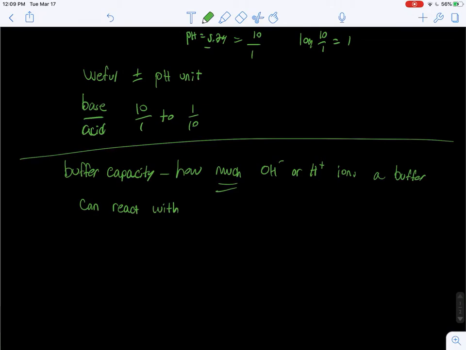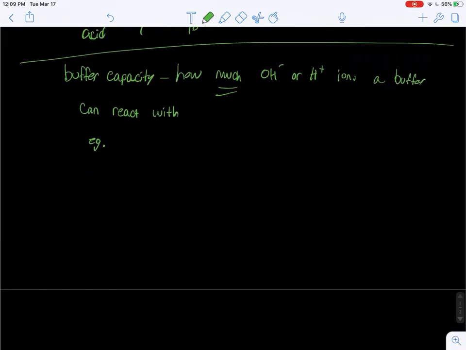So for example, if we have a buffer that's composed of lactic acid, which is 0.250 molar, and sodium lactate, of 0.250 molar. This is the acid. This is the base.